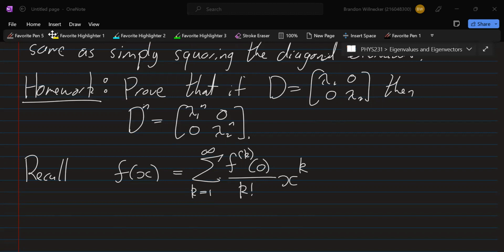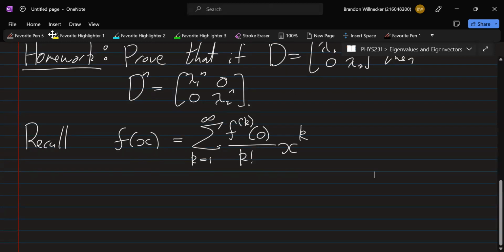So what we're going to do now is, instead of x being a complex number, we're going to substitute a matrix. Because on the right-hand side, we're just taking simple powers of x, and we've just proven that we can take powers of diagonal matrices. So that allows us to substitute a matrix on the left-hand side for some arbitrary function, provided it has a Taylor series, of course.